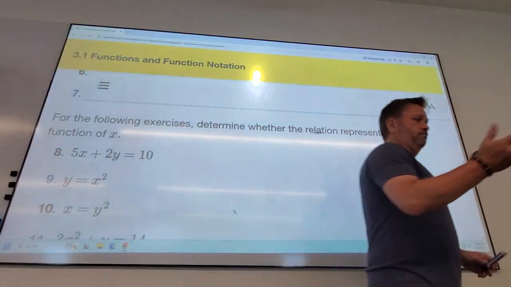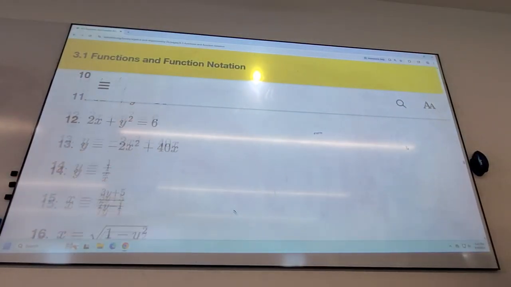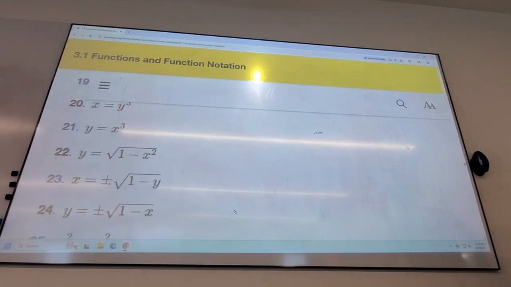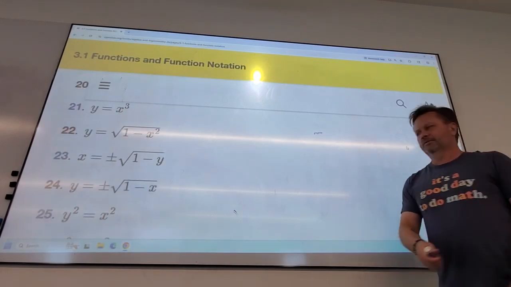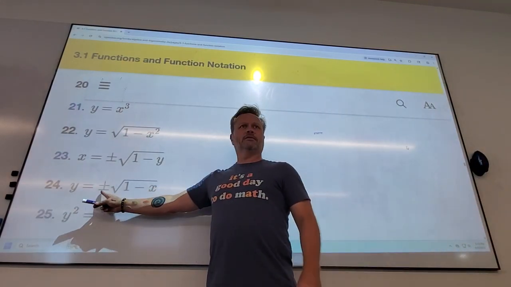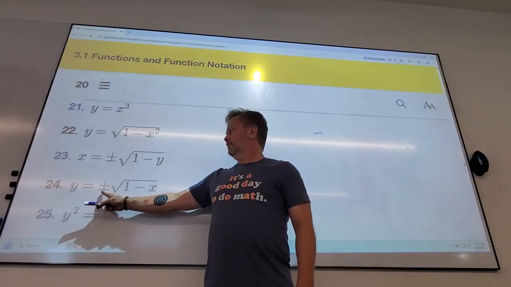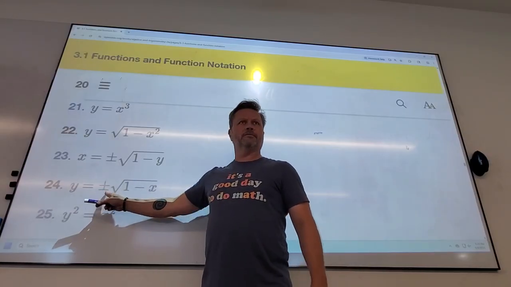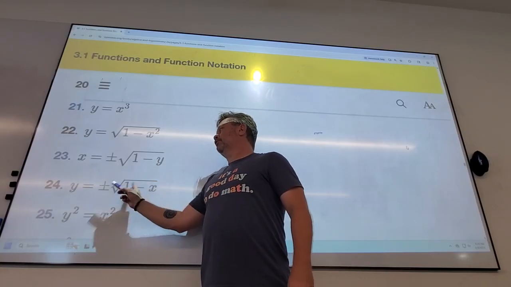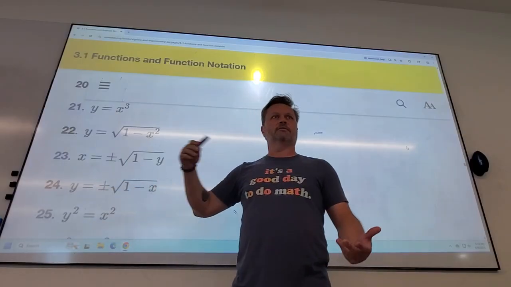A very in-your-face example is number 23 or 24. Do you see how that's an input that has more than one output? That's because they took a square root and had to put a plus or minus.